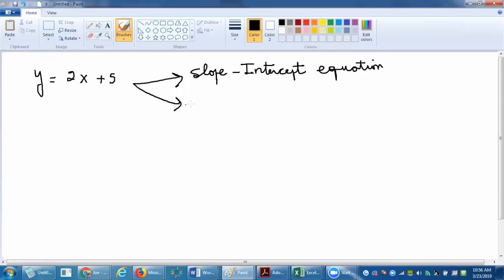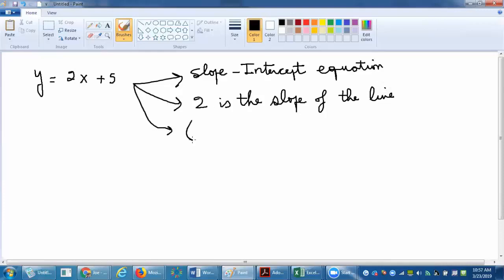I can say that 2 is the slope of the line, the direction of the line. And also I can say that (0, 5) is my y-intercept.